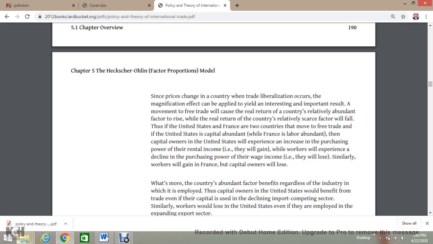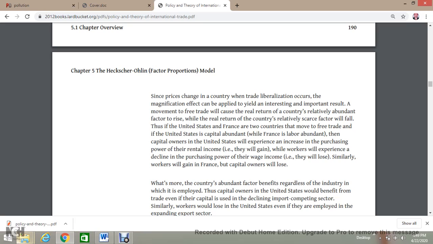Because of trade liberalization, the prices will change in the country. The change in the prices we can call a magnification effect. This magnification effect can be applied to yield an interesting and important result: a movement to free trade will cause a real return of a country's relatively abundant factor to rise.